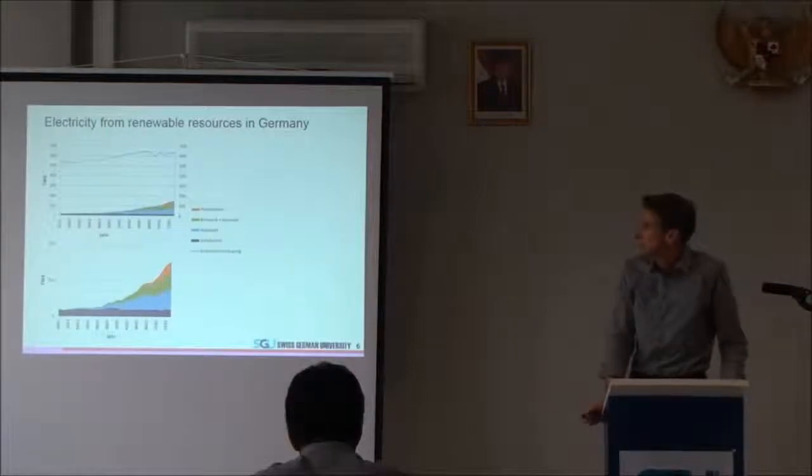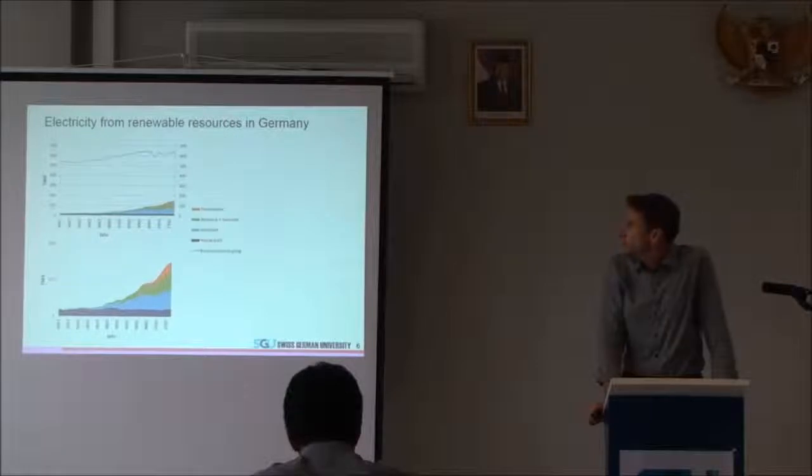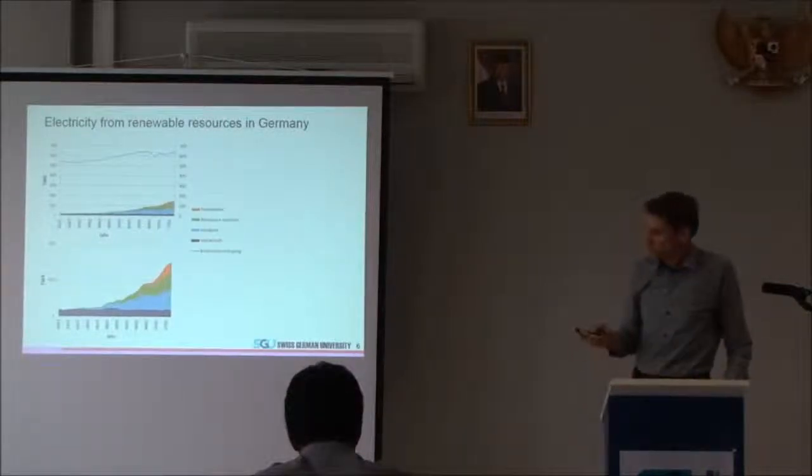This is the development of the electricity share generated from renewable resources in Germany. So you can see here the total electric energy that was generated over the last years.